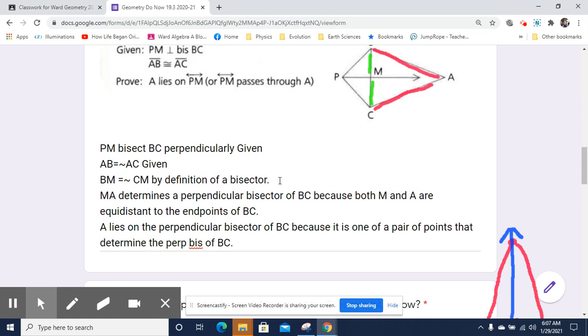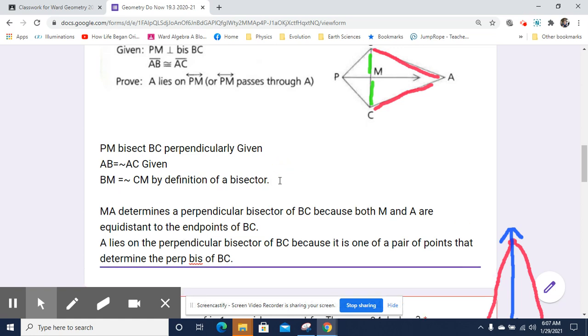So let's go ahead and maybe add that note here. I'm going to add the note that M is equidistant to, actually, this is sort of redundant. We could do either one, actually. So I'm going to say it this way.